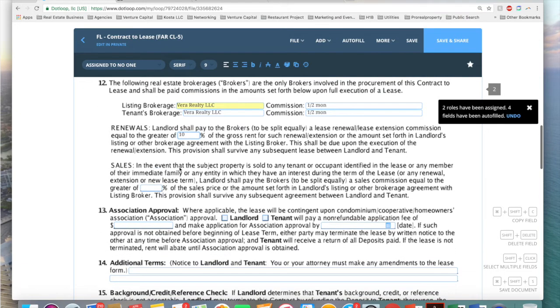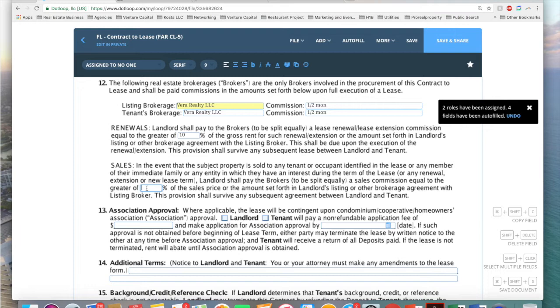Sales. In the event that the subject property is sold to any tenant or occupant identified in the lease, or any member of their immediate family or any entity in which they have an interest, during the term of the lease, or any renewal, extension, or new lease term, landlord shall pay the brokers, to be split equally, a sales commission equal to the greater of.